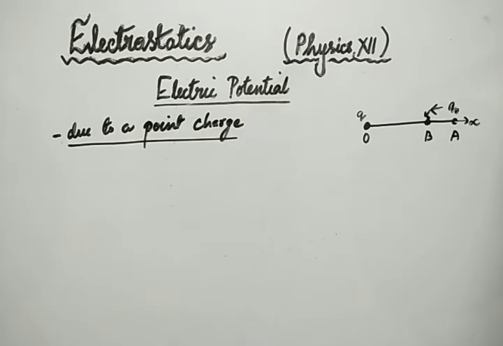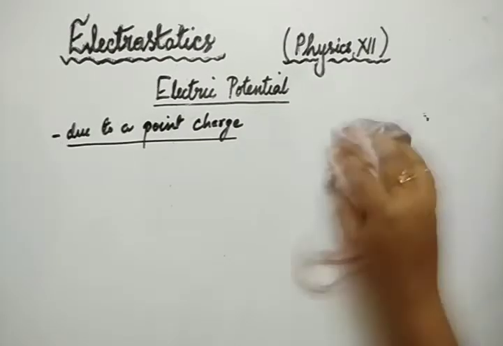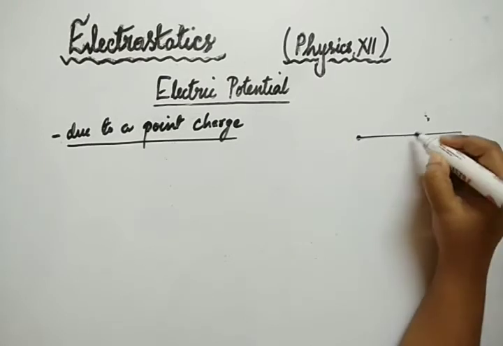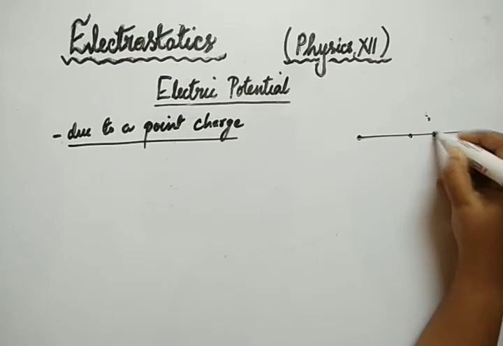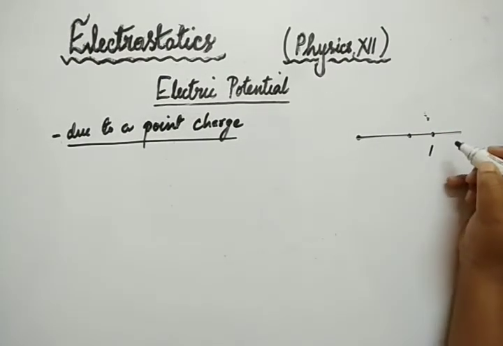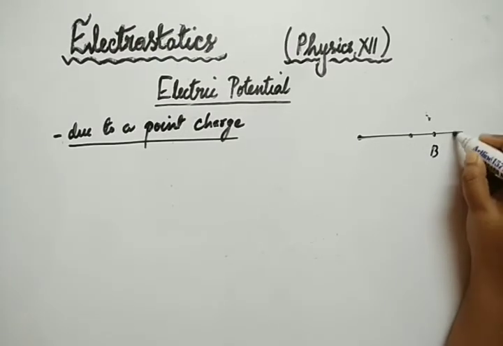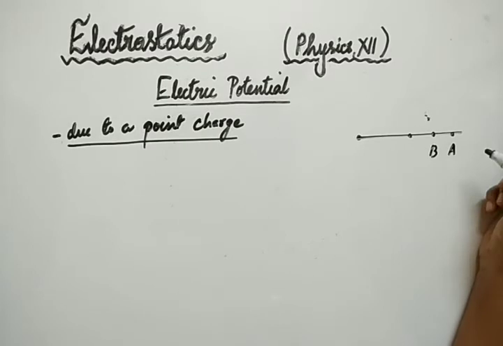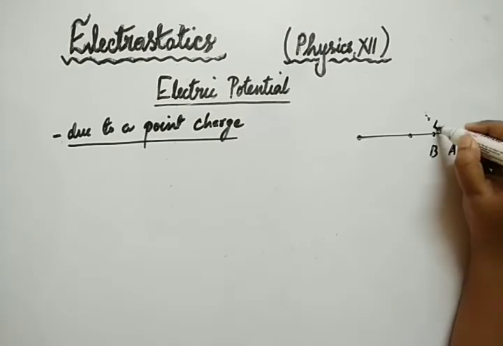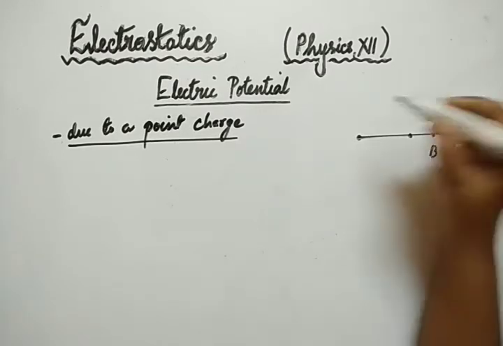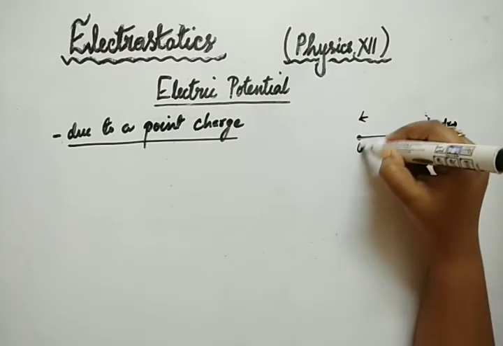Again we have to consider a point O, point B, and A. Suppose the distance between these two is dx, and this is a point O.